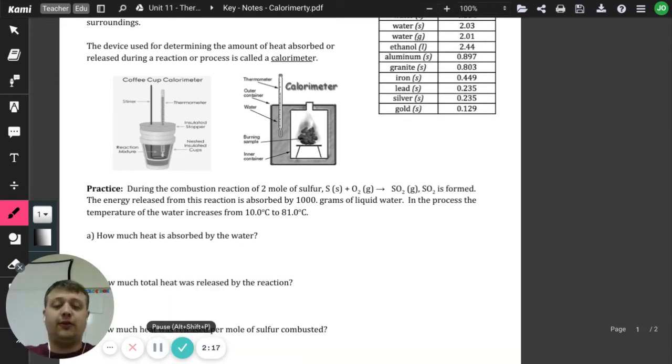So let's take a look at this first problem. It says, during the combustion reaction of 2 moles of sulfur, sulfur plus oxygen produces sulfur dioxide, SO2, is formed. The energy released from this reaction is absorbed by 1,000 grams of liquid water. In the process, the temperature of the water increased from 10 degrees Celsius to 81 degrees Celsius.